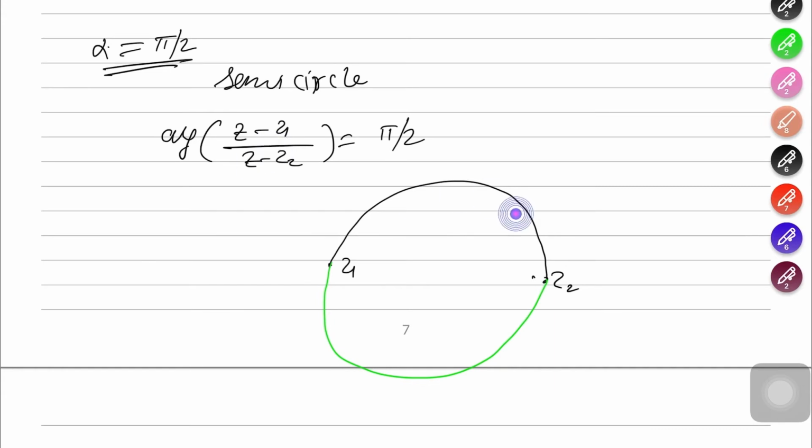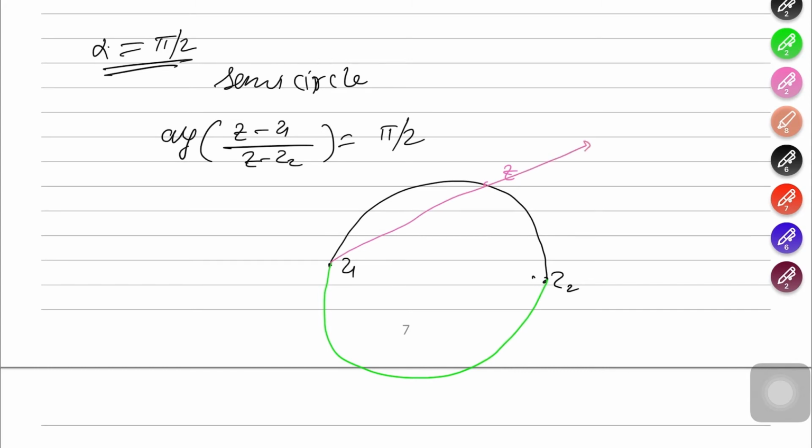Obviously there are two semicircles possible, but one of them is a locus, the other is not. So how do we know which of the semicircles is the locus? For that, just draw a point somewhere, let's say z.